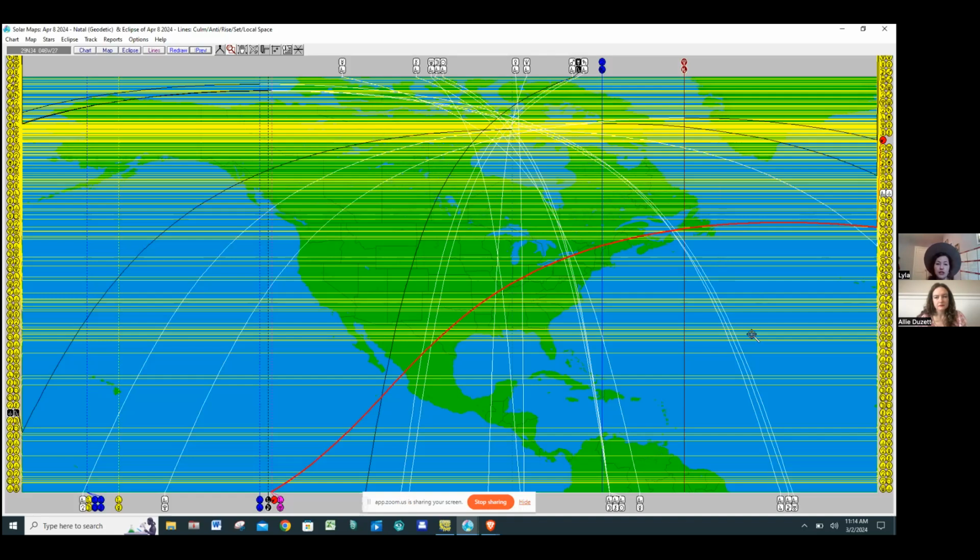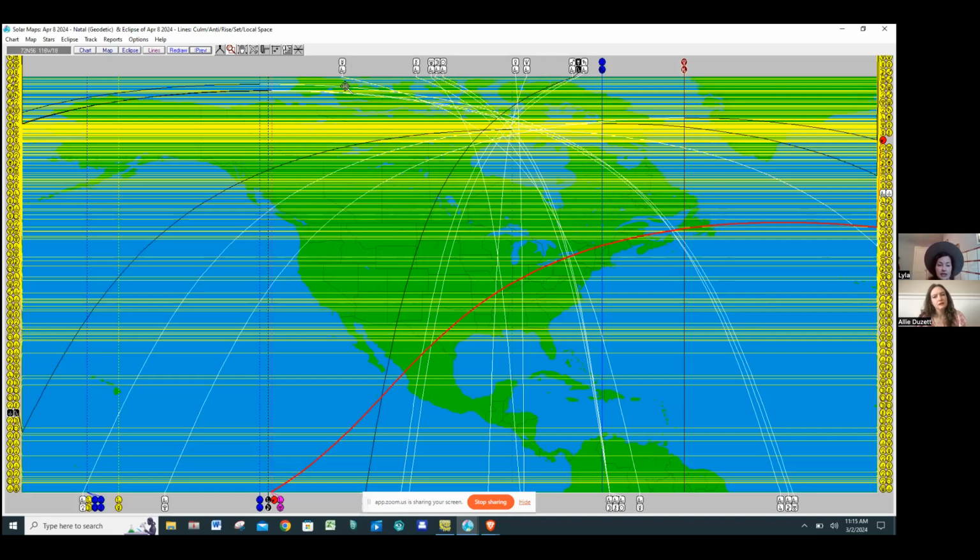Each of those takes on a different flavor when we apply them to a geographical location. All of the planets that you're seeing, each of them is attached to one of these angles.